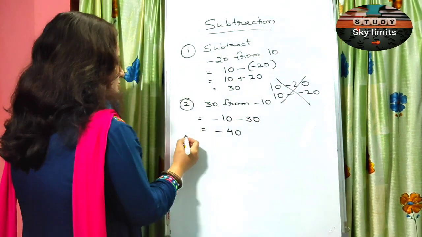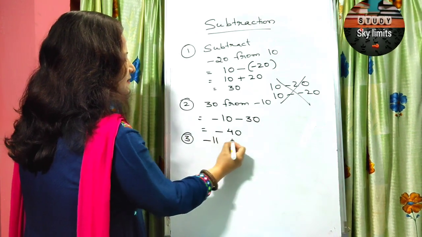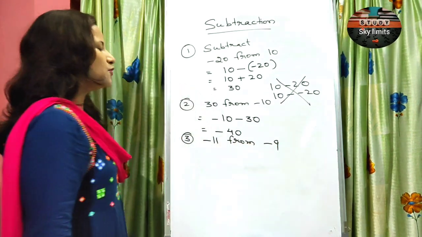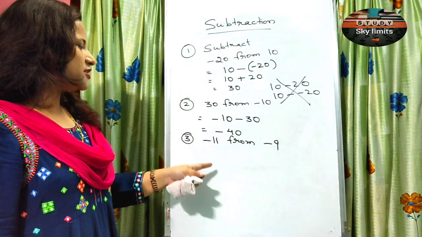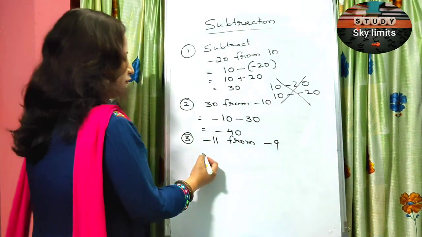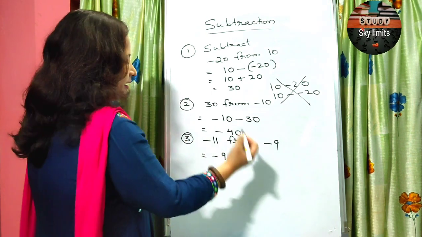Let us come to the third question. Suppose we have two negative numbers. Subtract minus 11 from minus 9. Supposing you got this question. Now in this case, you see the minuend is negative and the subtrahend is also negative. Obviously first we have to write the minuend, minus 9.